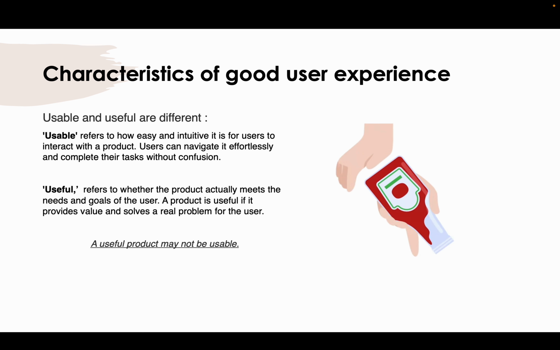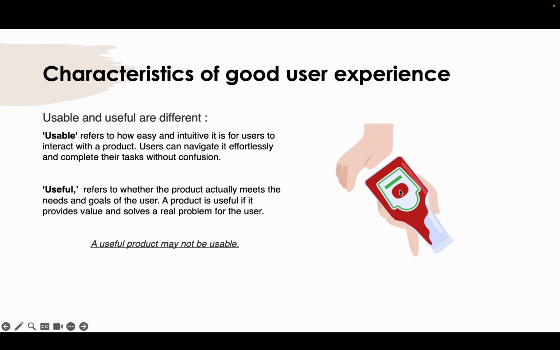Some products eventually do solve the problem for you, so it's useful, but if you feel confused or awkward while you interact with it, it's not usable. So a useful product might not be usable. Let's take the ketchup bottle as an example again.